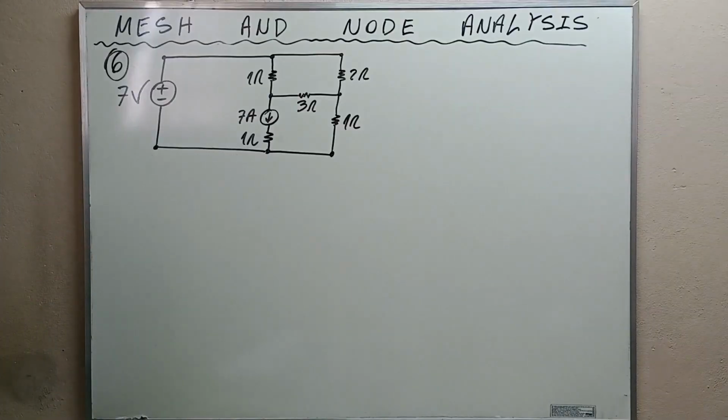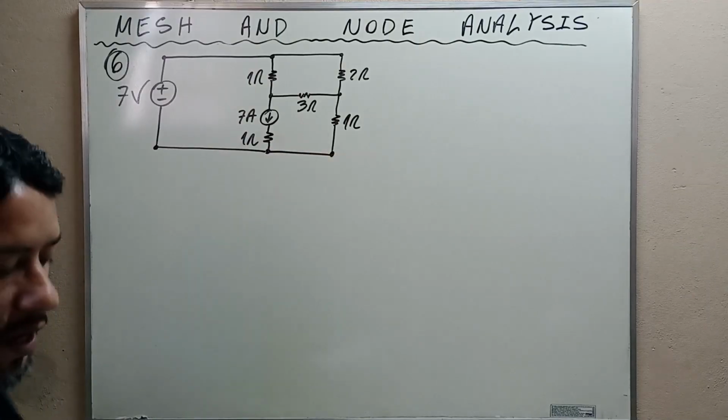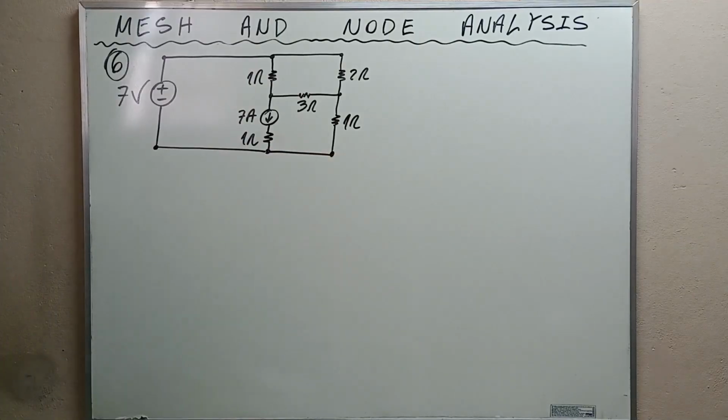For the circuit of the figure, calculate the power dissipated in the 3 ohms resistor. Okay, my friends, this is the 3 ohms resistor, and the exercise wants us to calculate the power dissipated in this resistor. Observe that we are dealing with a super mesh here.